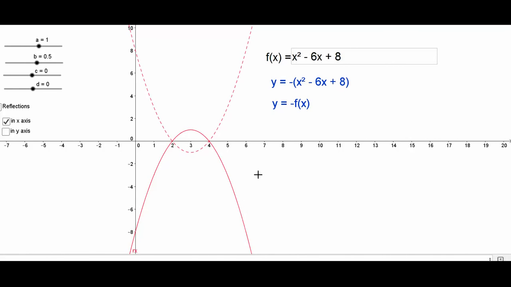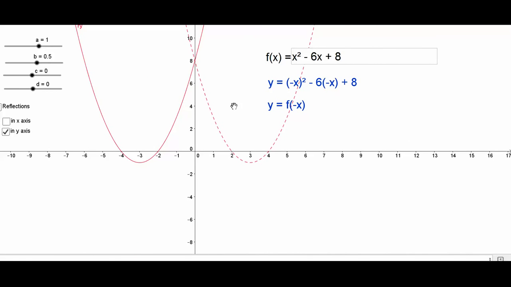It has the same size of y value but negative, and so that is represented by the equation y equals minus f of x, because we are making the y value minus the value that it was. If it is negative, right here in the minimum point, it becomes a positive value, because a minus a negative is a positive. Here is the curve reflected in the y-axis.